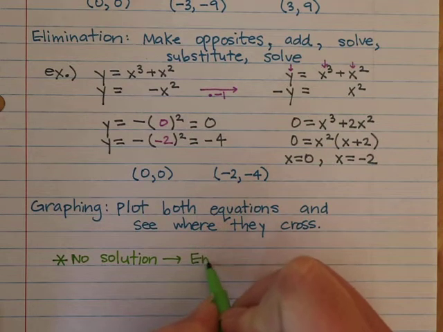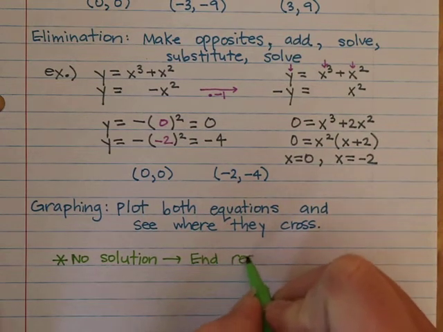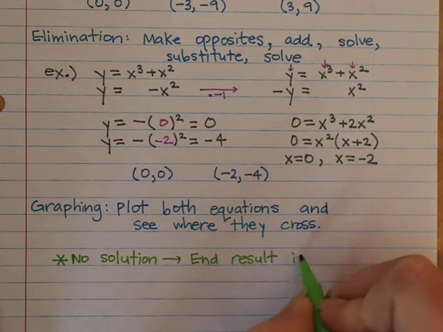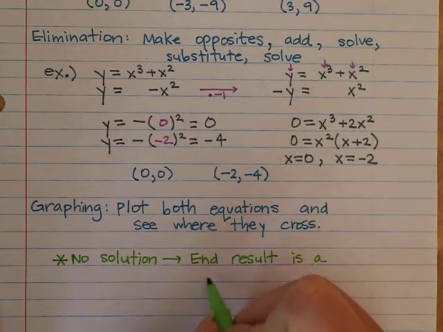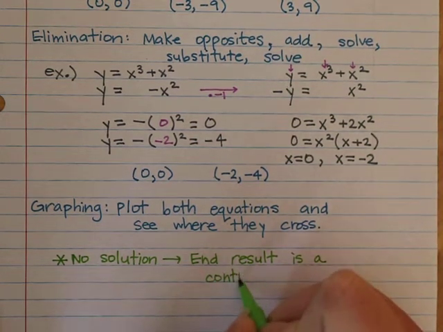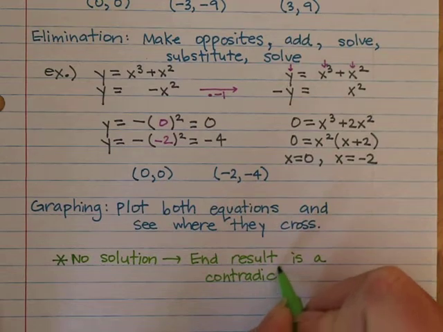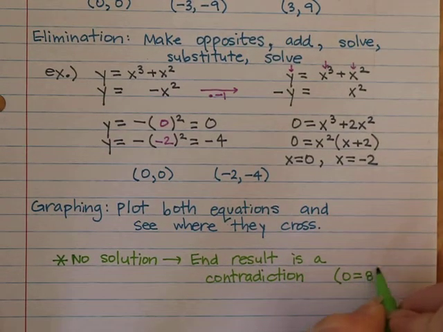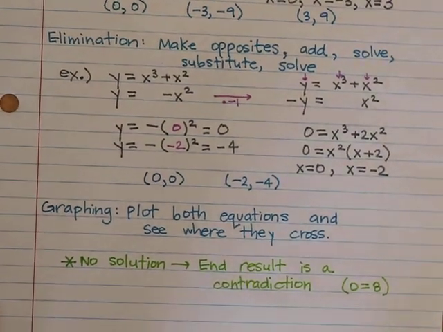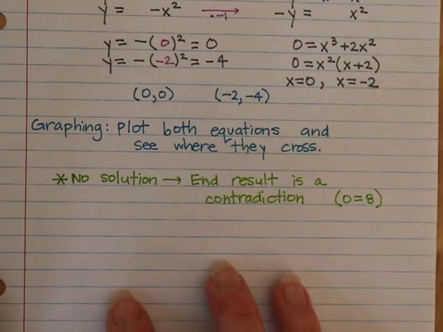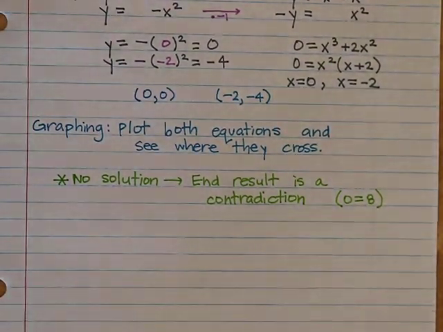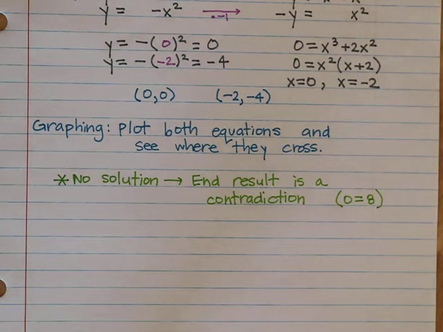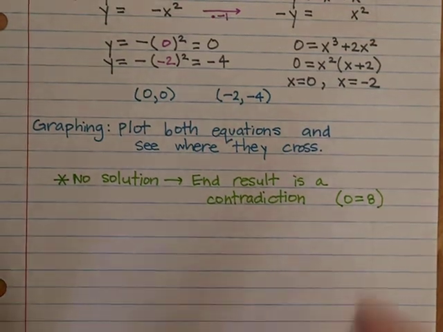If we're doing solving, no solution happens when the end result is a contradiction. Contradiction means the math doesn't make sense. Your work makes sense, you're a star, but the math doesn't make sense, or the answer doesn't make sense. So we get like 0 = 8, which is not anything in math land, it's a contradiction, right?